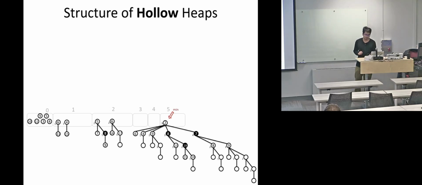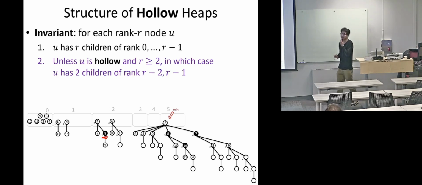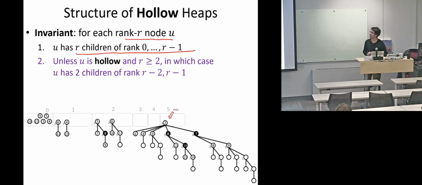I claim that the structure is actually quite simple, like before. That is, a rank R node is going to have R children like before, except if that node is hollow, like this or here. If the node is hollow, then it's just going to have 2 children of the biggest size. This node of rank 4 will have children of rank 3 and 2.